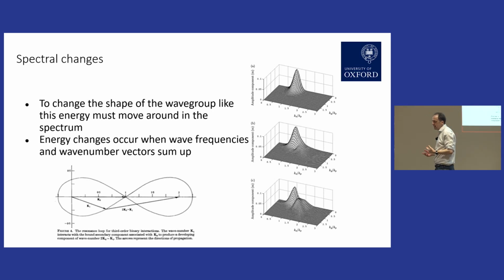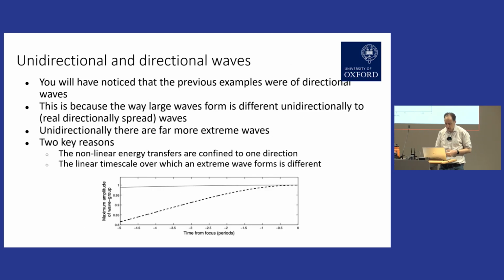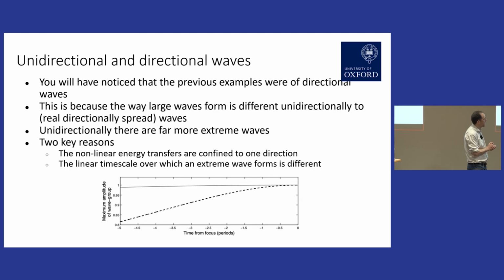So that immediately says that the nonlinear interactions you're getting are quite different in a unidirectional wave compared to a directional sea state. That's going to be important if we're interested in the nonlinearity of a large wave forming.